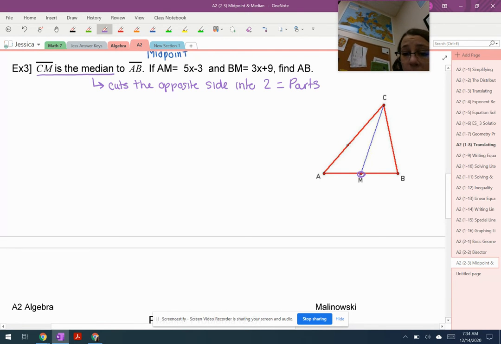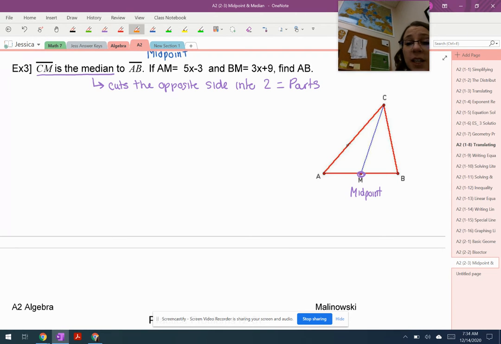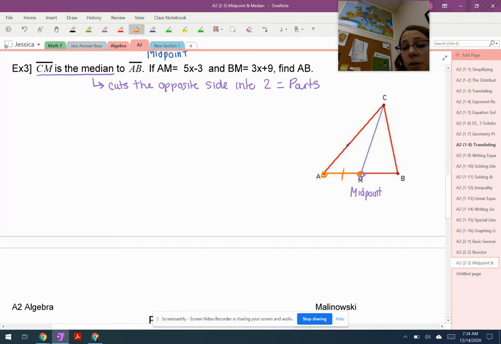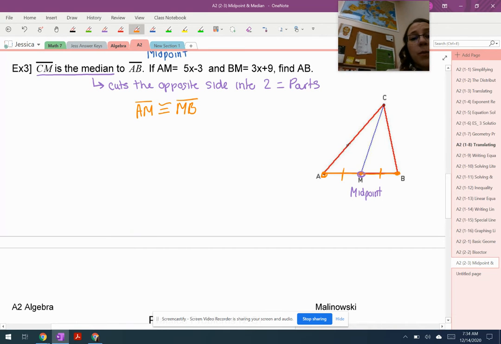So this M right here is the midpoint, and that means it cuts AB into two equal parts, meaning that AM is congruent to MB. I'm just going to write that down. AM is congruent to MB, two equal parts, and that's because those two equal parts are right there.